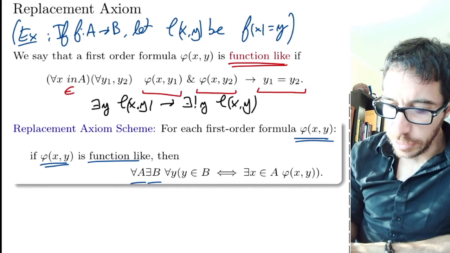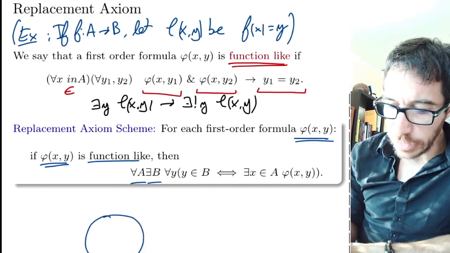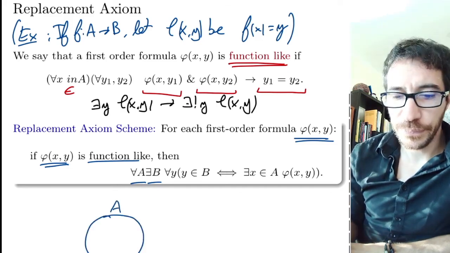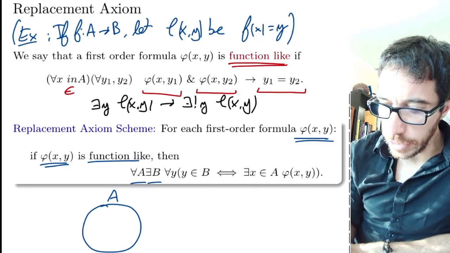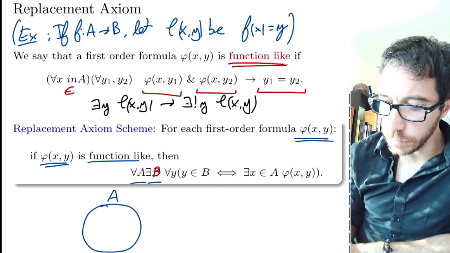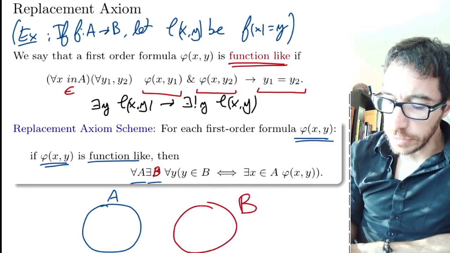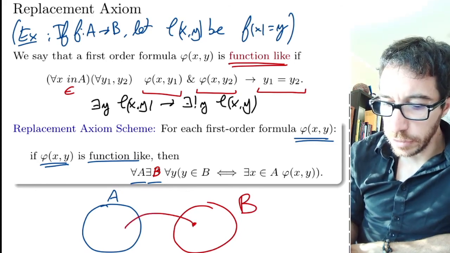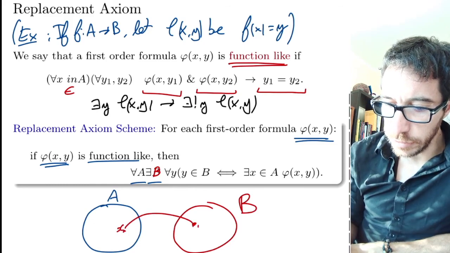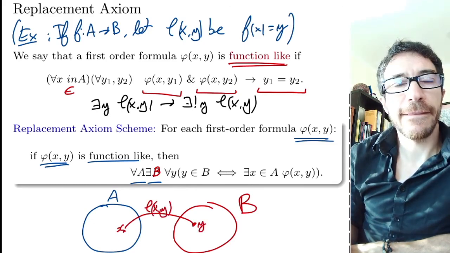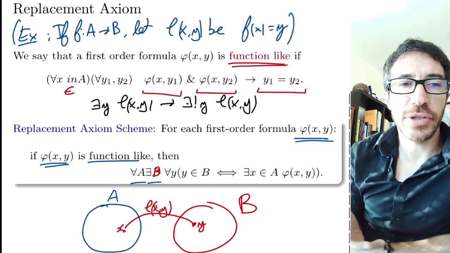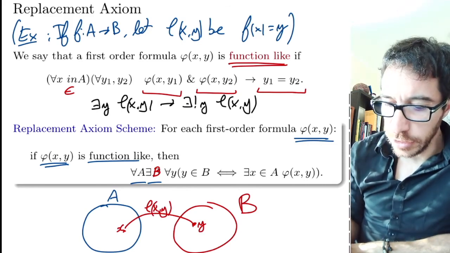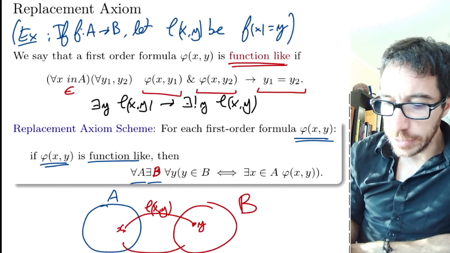So essentially what it's saying is that if you have an A, there is going to exist a set B such that something belongs to B if and only if it's related to some x in A via phi. This phi is supposed to be function-like, so the elements of A are related to different elements.